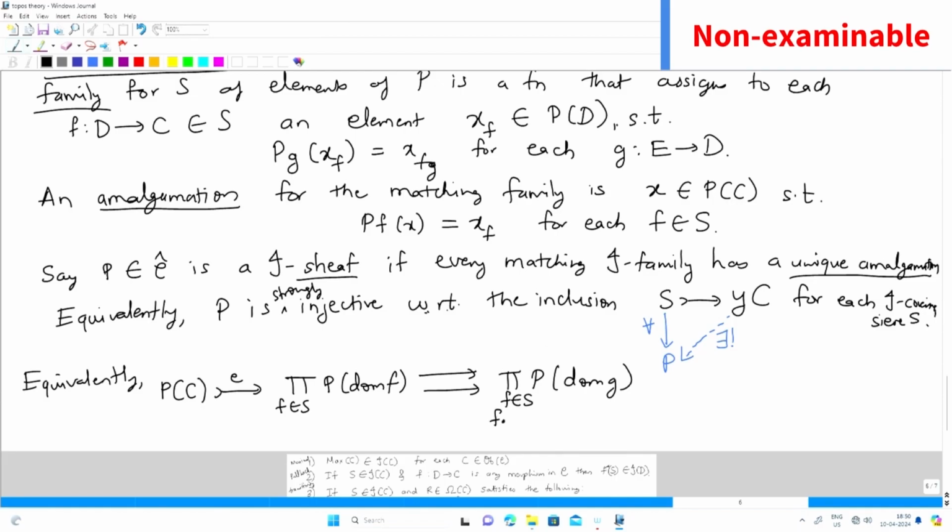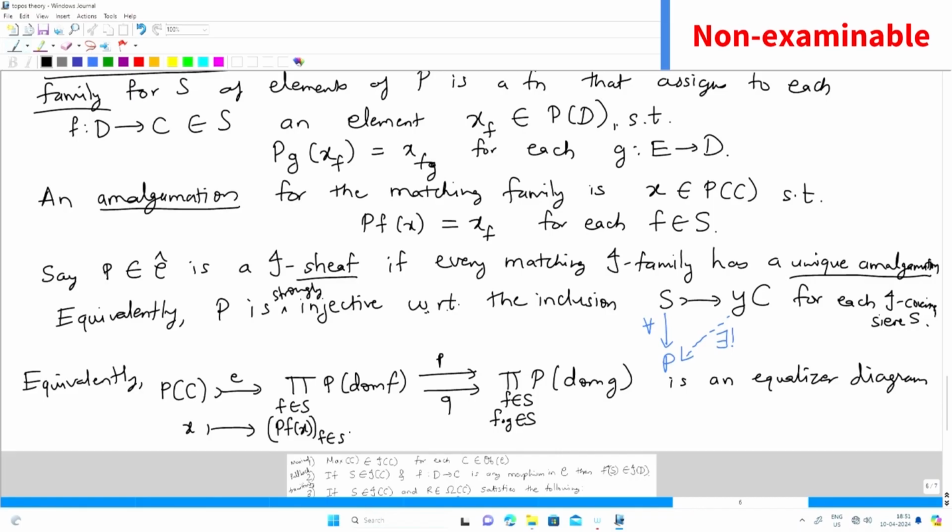F is applied later. So this happens, and then there are two maps, like this is little p, this is little q, and it is an equalizer diagram. You tell me what the maps are supposed to be. This x here is supposed to be taken to PF of x, correct?